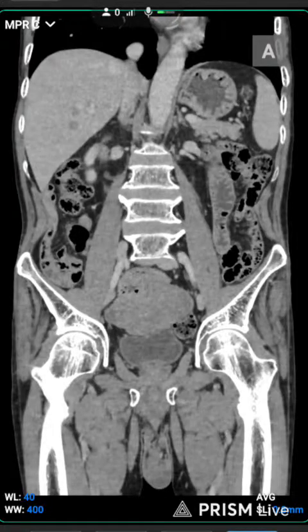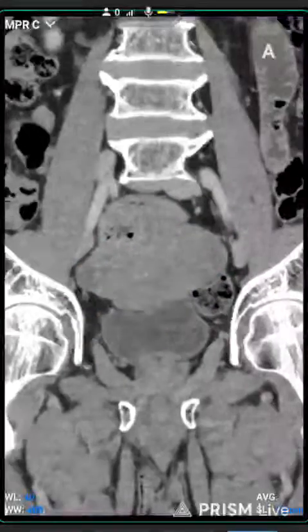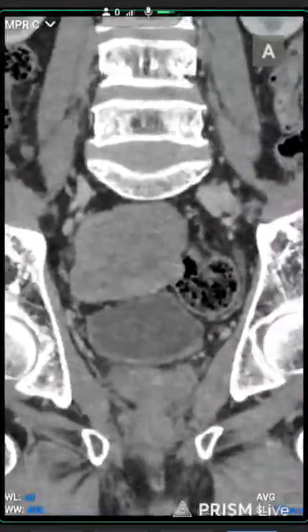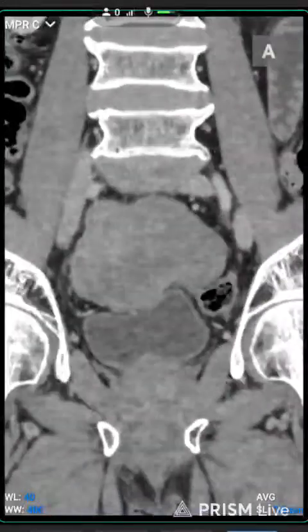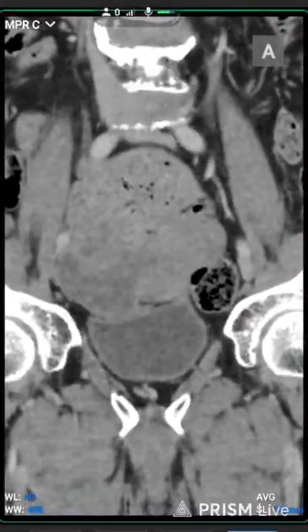If you see the upper portion of the bladder, it's not connected with the bladder, so it seems a different lesion in the pelvic area.